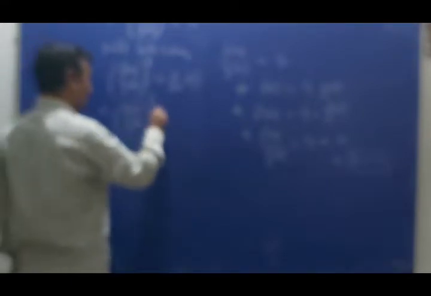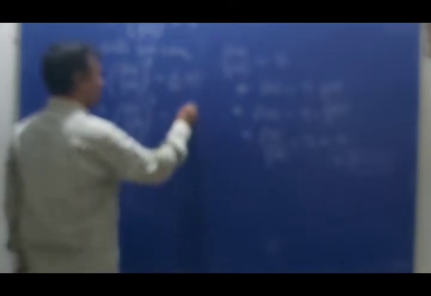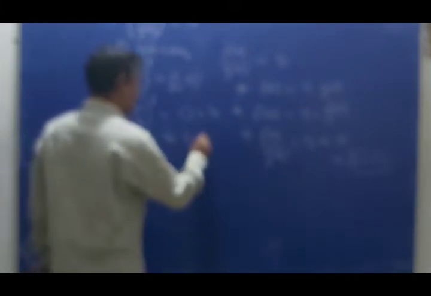Since 5 is a constant, the derivative of 5 is 0. This is given as b, that is, b is equal to 0.